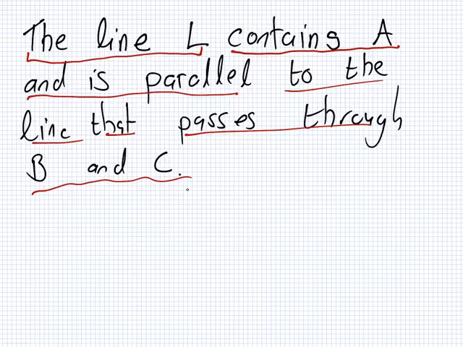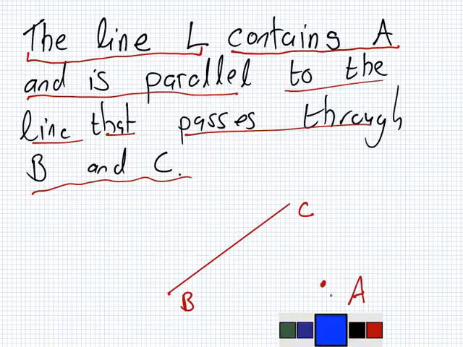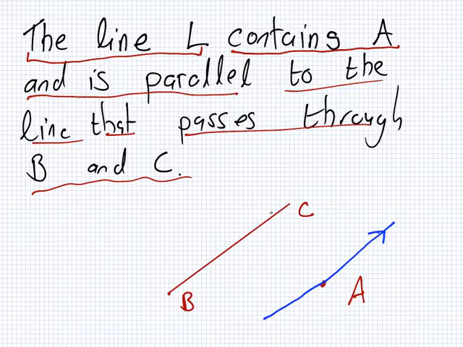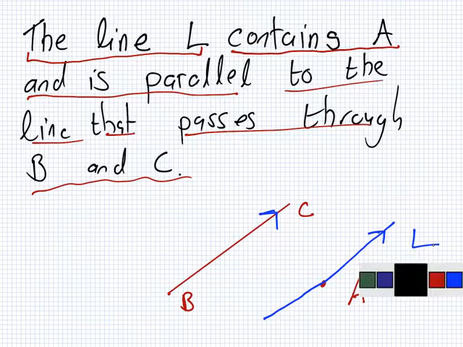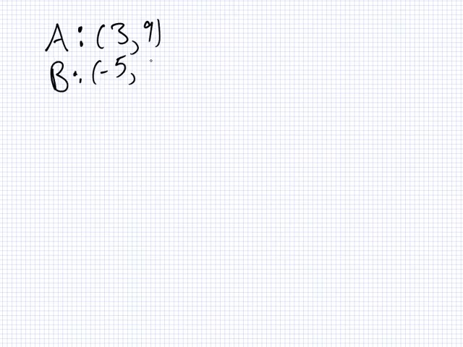So here there is BC, and there is A, and the line is a line parallel to this one, and that's L. Okay, so now let's give you A, 3, 9, B, minus 5, 23, and C, 5, minus 7.